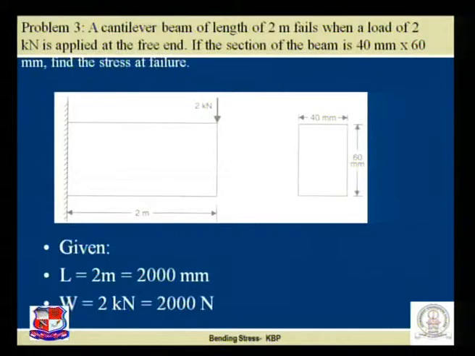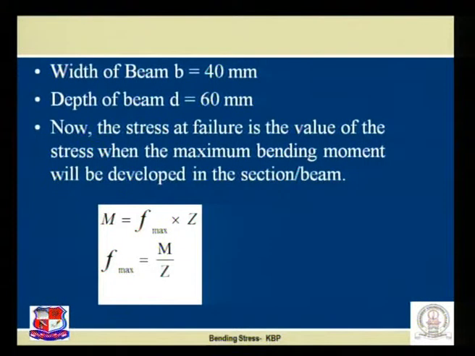So now let us go to this PPT. L is 2 meter and W is 2 kilonewton, converted to millimeter for length and Newton for load, with width and depth given to us. Now the stress at failure is the stress when the maximum bending moment develops in the section.